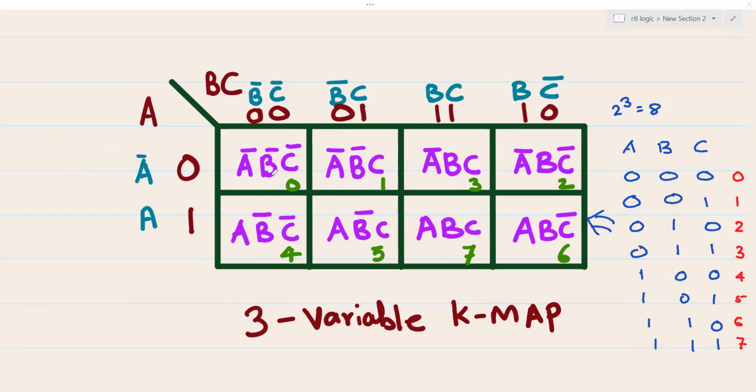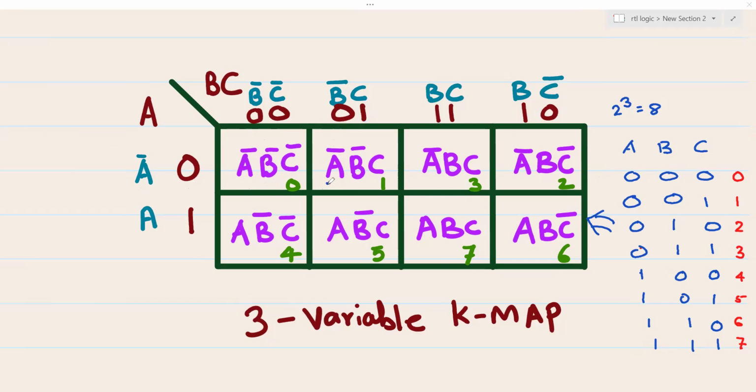inside the cell. So for example, for 0, 0, 0 combination, whether you refer to the truth table or the graphical K-map, for the first cell, you have 0, 0, 0. So it means all variables are in its complementary form. That is A bar, B bar, C bar. When you talk about second condition, that is 0, 0, 1, it means A and B are in its complementary form.